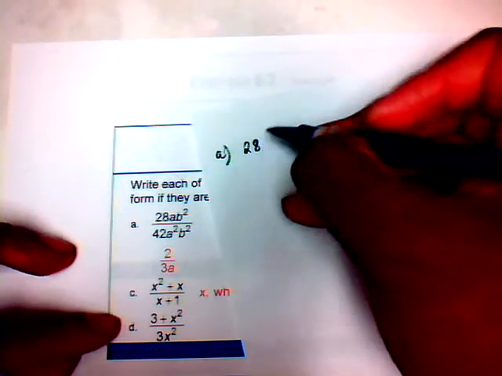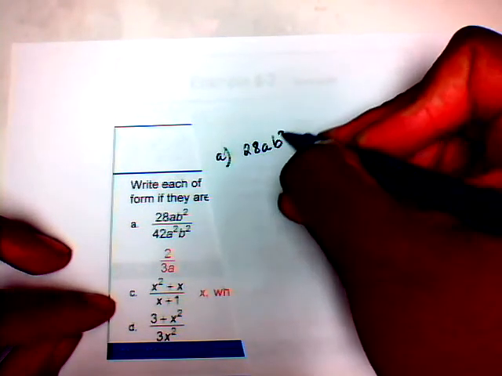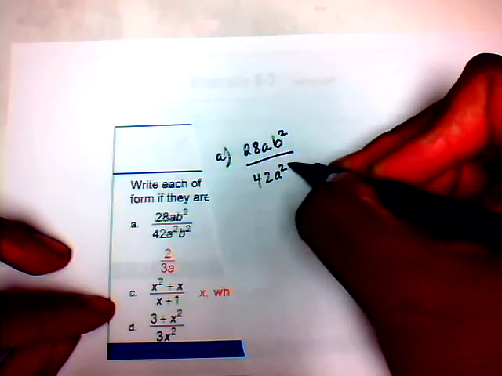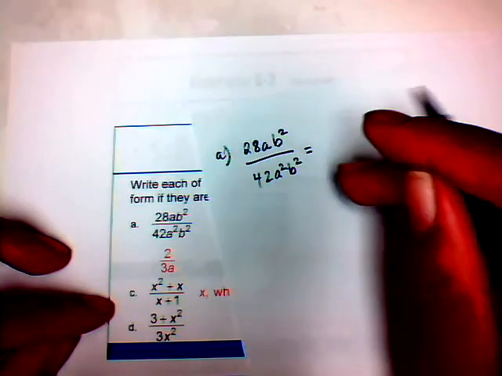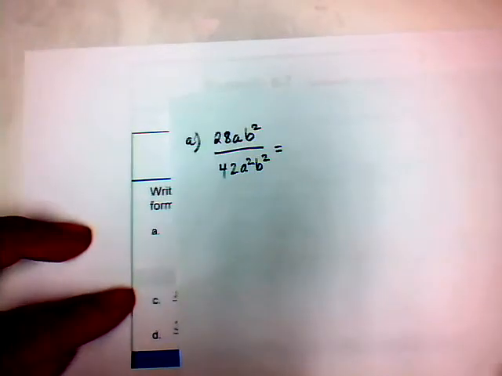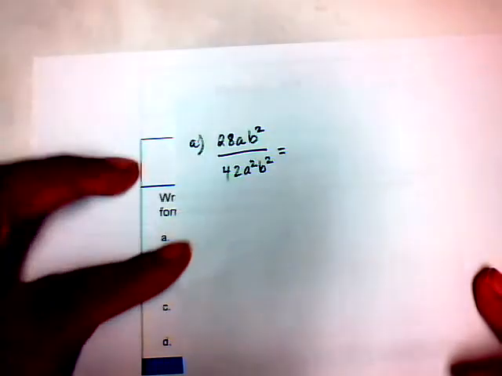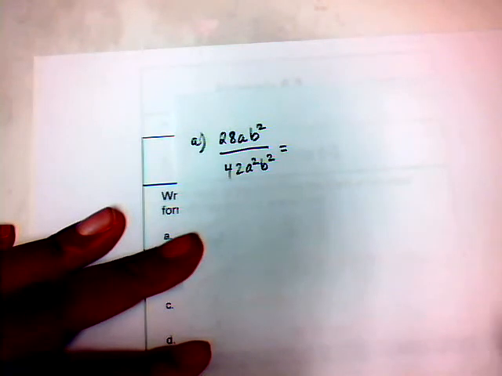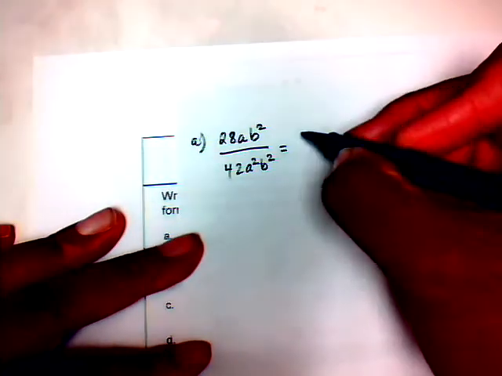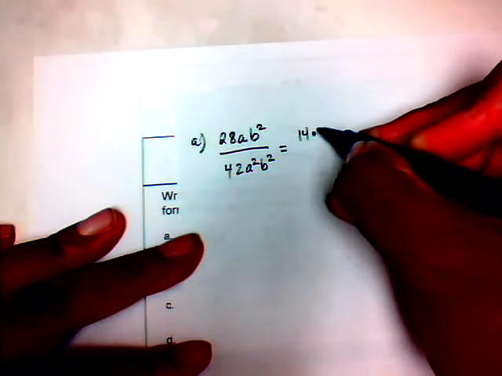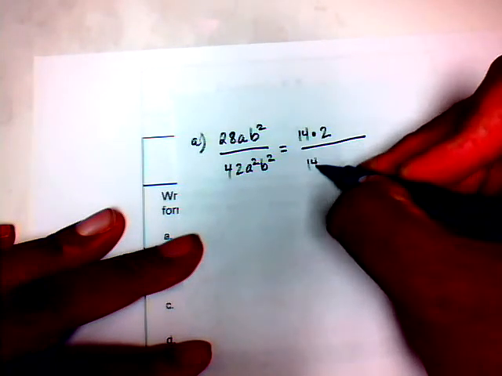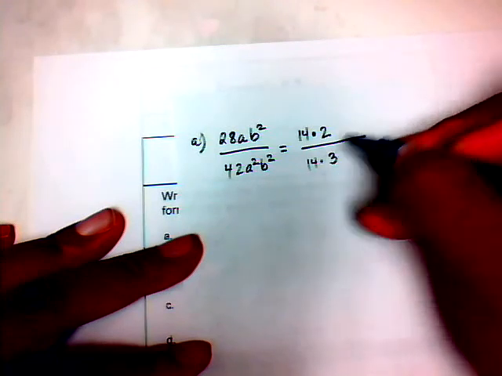Now I want to reduce 28 over 42. I'm going to do that by finding the largest number that can go into 28 and 42. And I believe in this case it's going to be 14. I know 14 goes into 28 2 times, and I know 14 goes into 42 3 times.